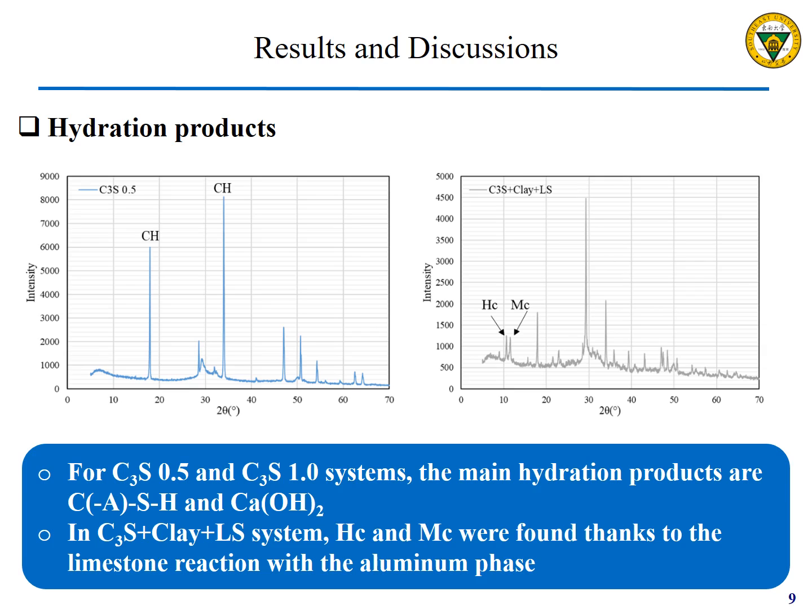However, for the C3S plus clay plus limestone system, hemicarboaluminate and monocarboaluminate were formed, thanks to the limestone reacting with the aluminum phase. These two phases are beneficial for the chemically bound chloride formation. Maybe this is the reason for the high binding capacity of systems with clay.